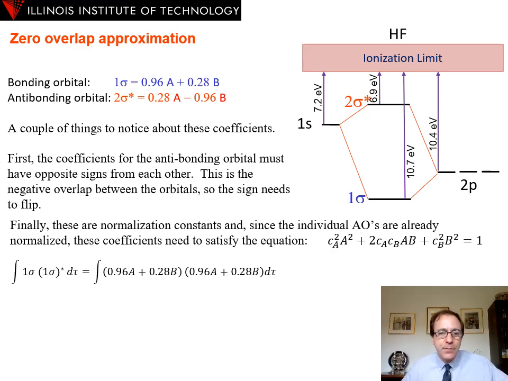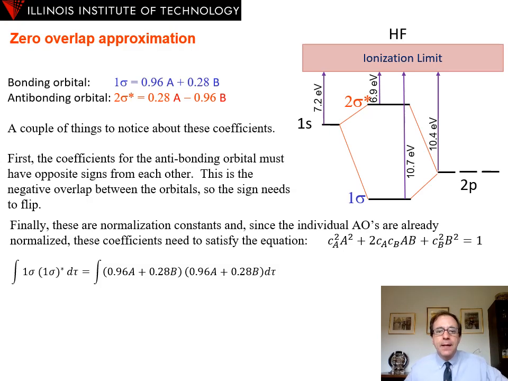That star is now not anti-bonding, it is the complex conjugate, but we don't have to worry about the complex conjugate because there are no complex numbers in these wave functions. So I'm just taking, in this case, the bonding orbital and squaring it. I'm just writing it twice: 0.96a plus 0.28b times 0.96a plus 0.28b integrated over all space.